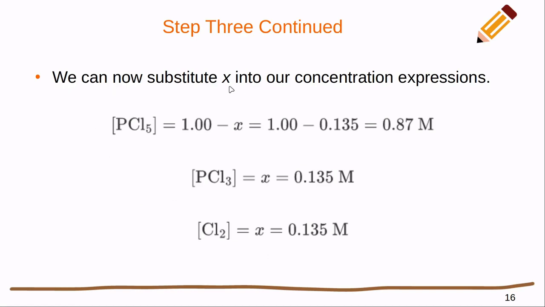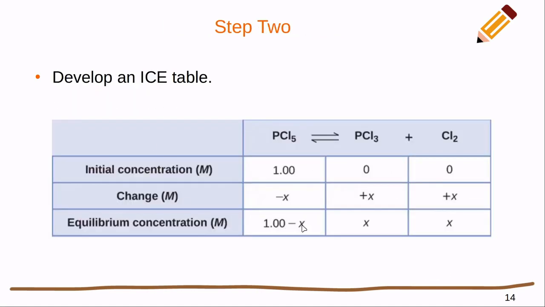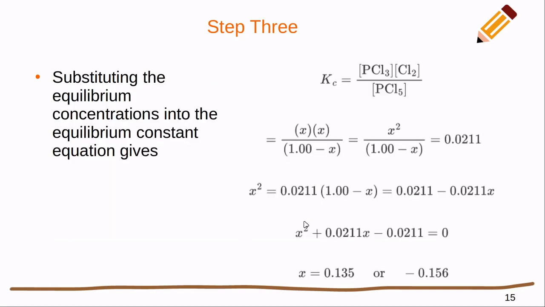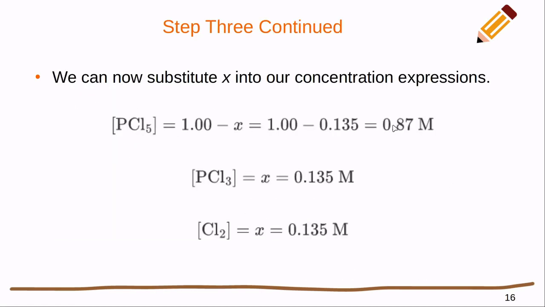Now we can substitute x into our concentration expressions. All we're doing here is going back to these expressions and putting x in. So the phosphorus pentachloride, for instance, is 1 minus x. 1 minus x is going to be 0.87 molar. The other two are just x.